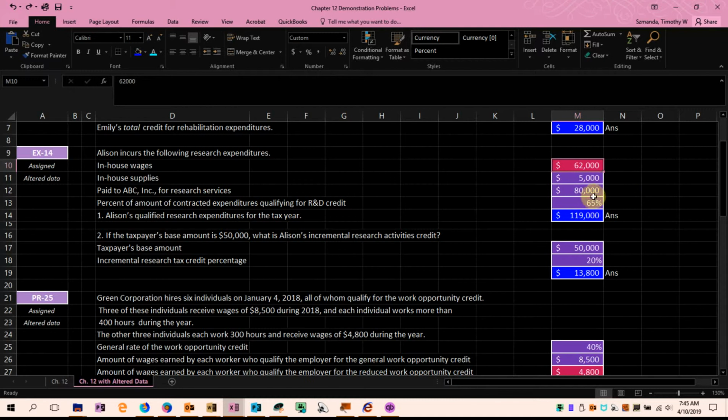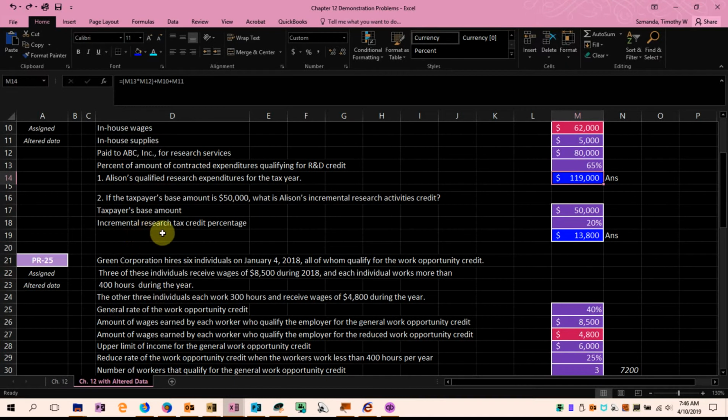Well, only 65% of those contracted expenditures would qualify for this credit. So then, in Part 1, Allison's certified research expenditures for the year would be the 65% of $80,000. And then to that, we would add the $62,000 and $5,000.